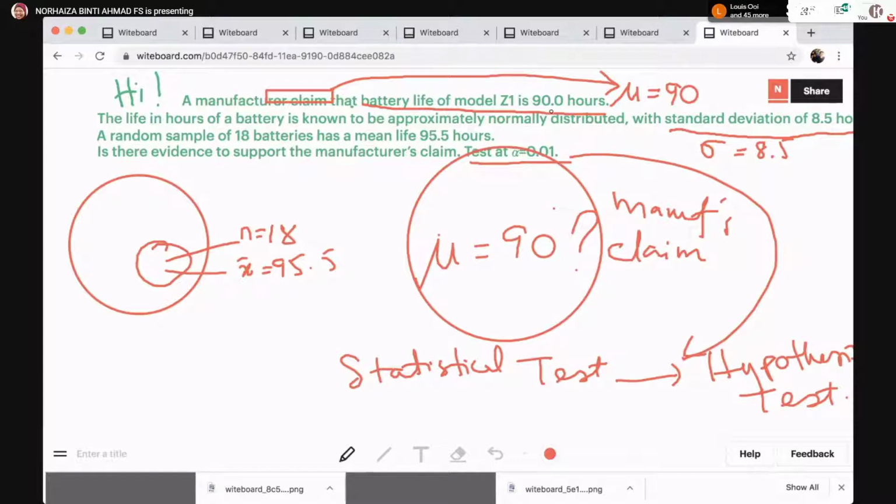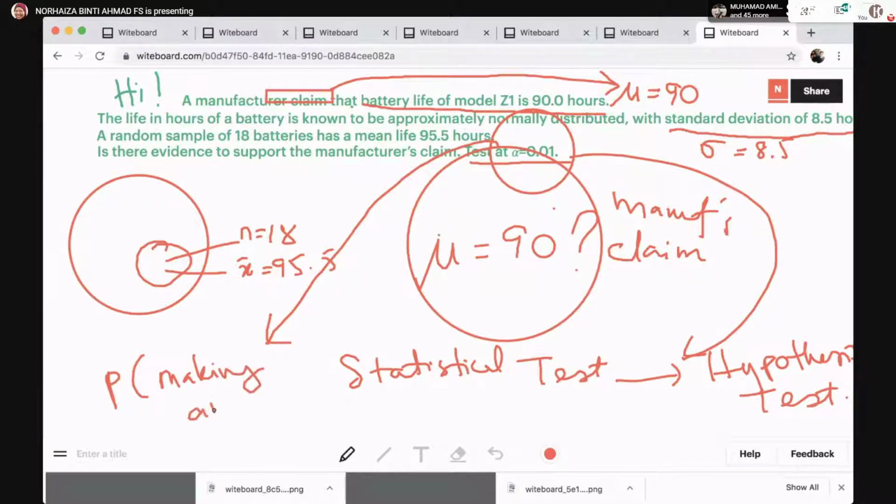Now, alpha 0.01 is the measure of the test. I will talk about this later, but this is essentially the probability of making an error, which I will explain later. After you test and make a decision, with alpha 0.01 there's a 1% chance that you're making an error on your decision.